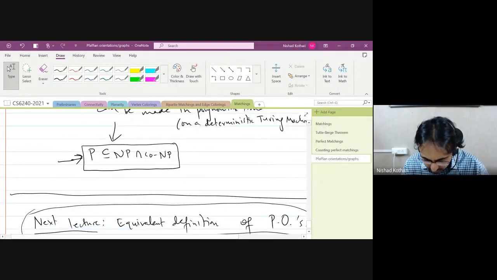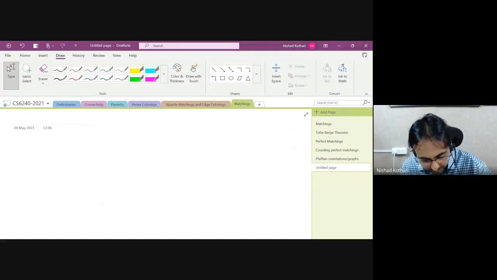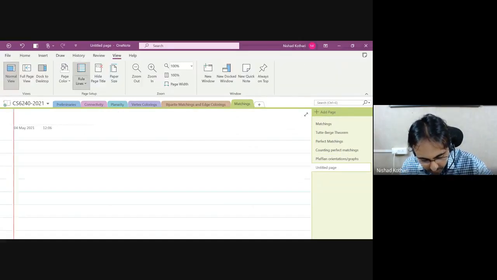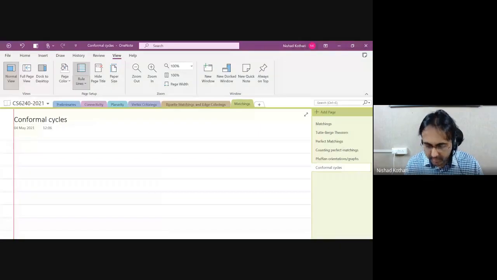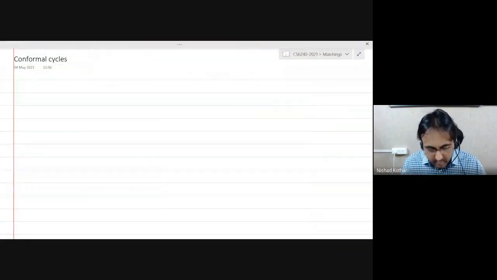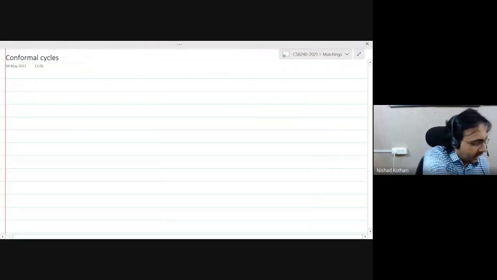So with that, let me start on a new page. Well, this equivalent definition is going to use the concept of conformal cycles. I will come to that soon. So I want to start with the following.